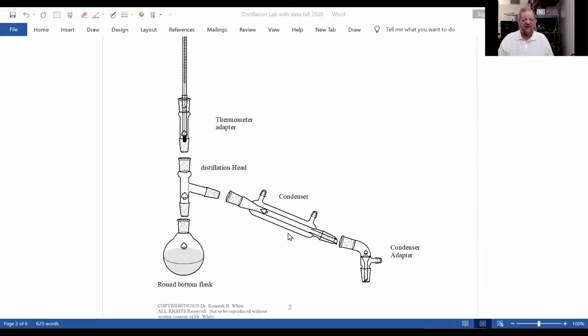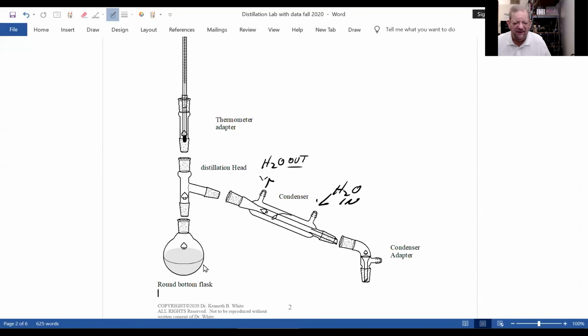And here it is, and it has a center tube that's separate from a surrounding outer tube. An important thing you should know about a condenser, it's always water in at the bottom and water out at the top, which means this goes to the sink. You put tubing on there. Why?